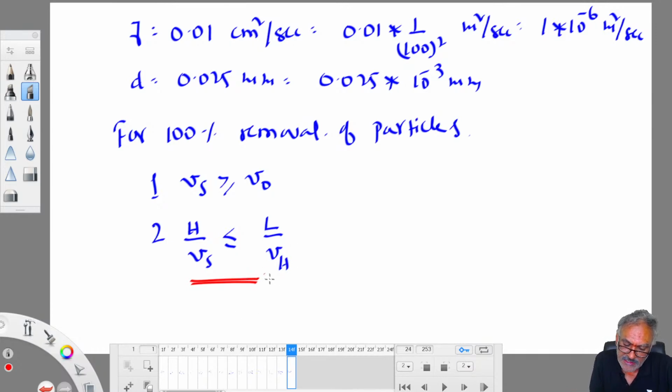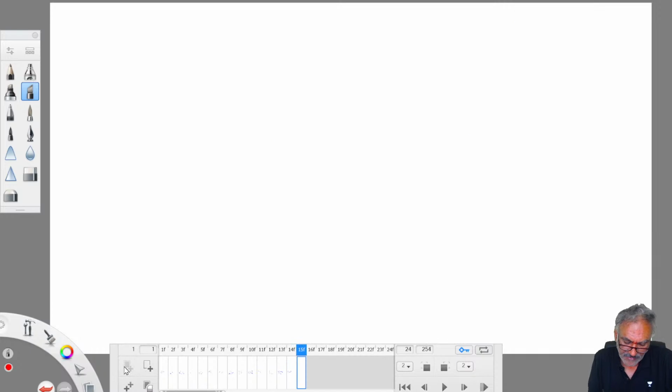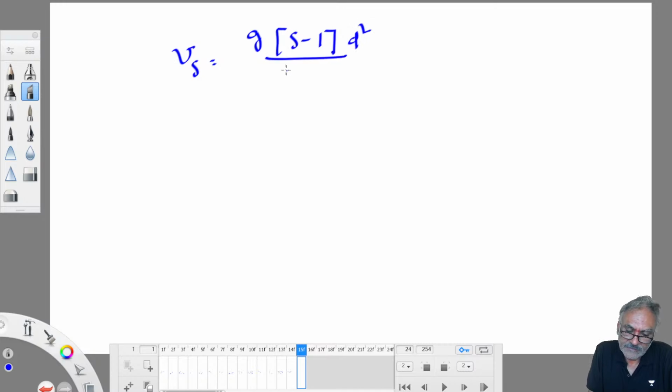Because we have to work out VH, and VH is there in this equation, therefore I use this equation. So for that what we require? First of all you need to work out Vs. So Vs of this particle, how to find out? Kinematic viscosity is given.